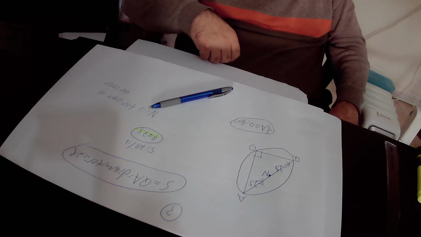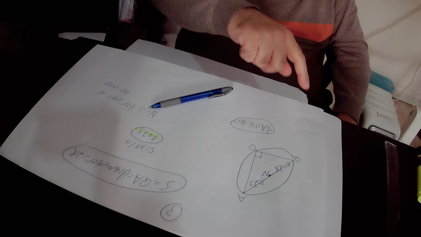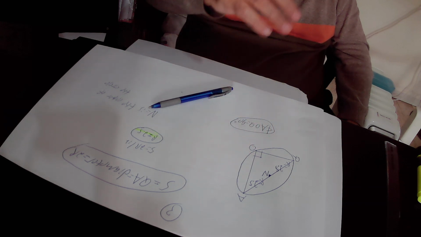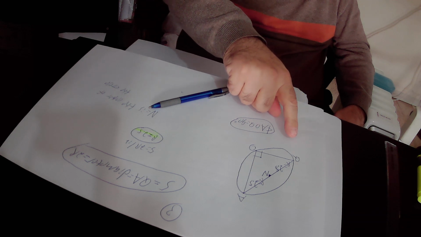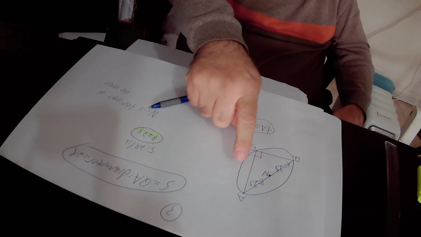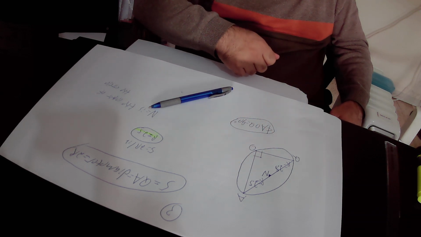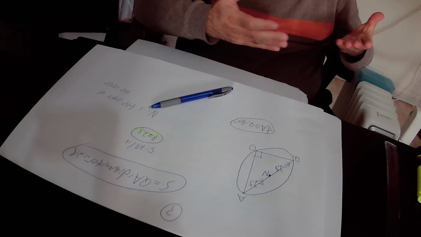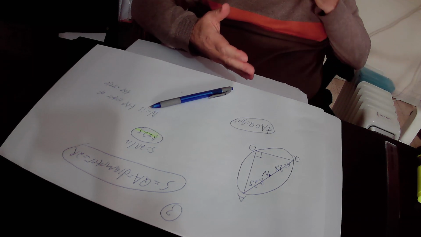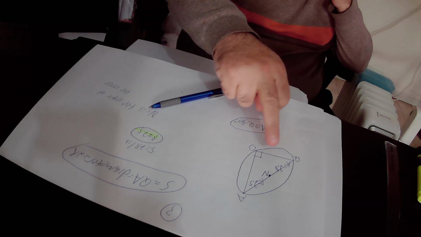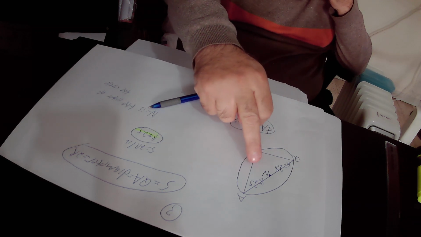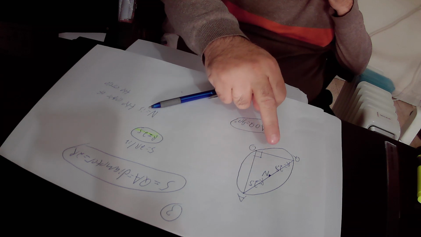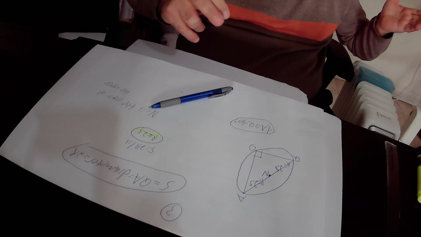Also, we can say that because QA is the diameter of the circle, QN is the radius and AN is also the radius. And if QN and AN are both radii, the touching point must be the center of the circle.